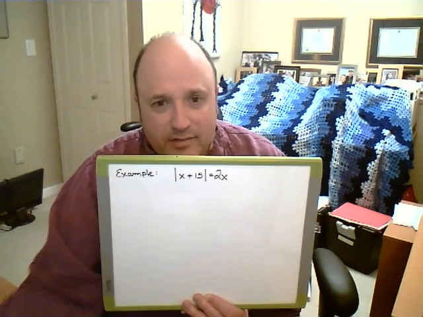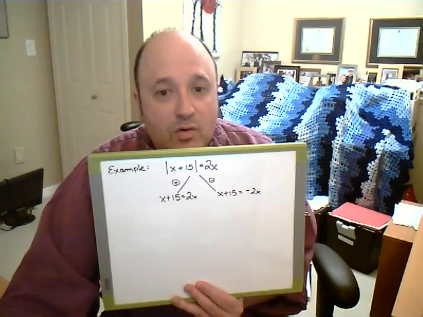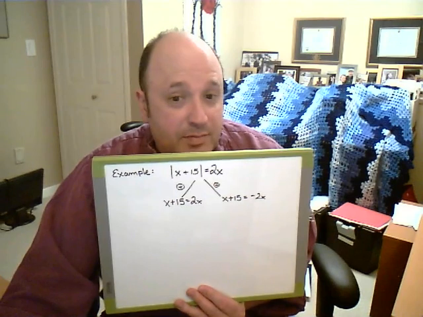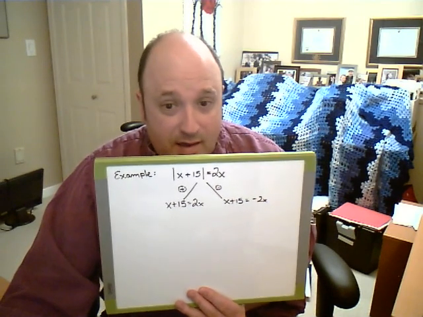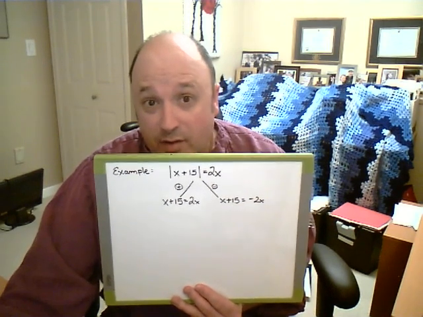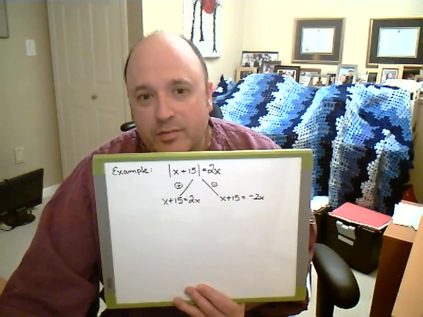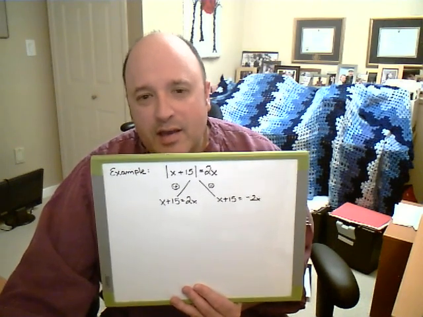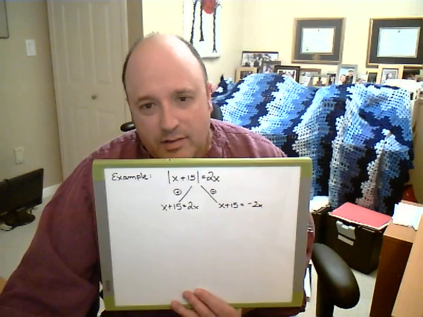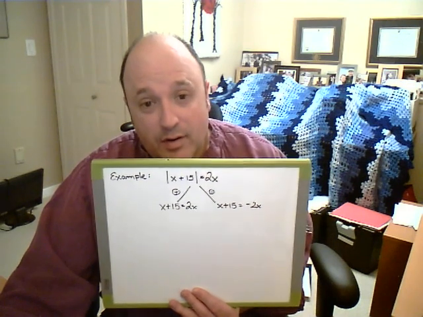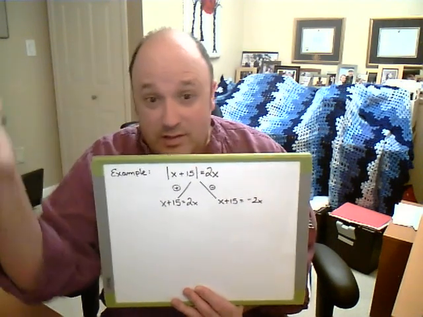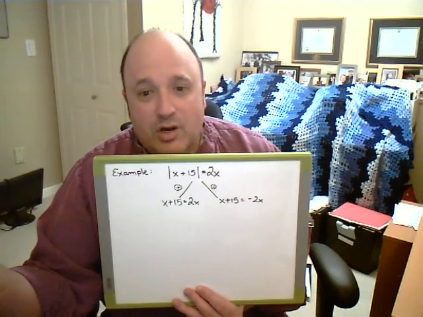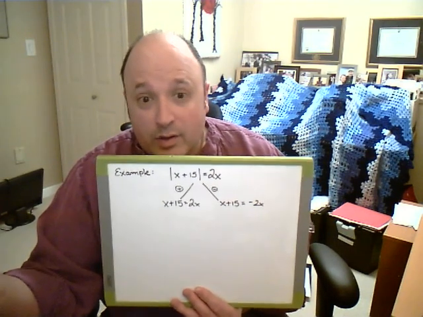So what does that look like? I just make x plus 15 equals positive 2x, and I make x plus 15 equal to negative 2x. So I'm putting a positive and negative on the function that it equals, the 2x part. It's totally legit to do. When we see analytic geometry, you'll see why it works that way.